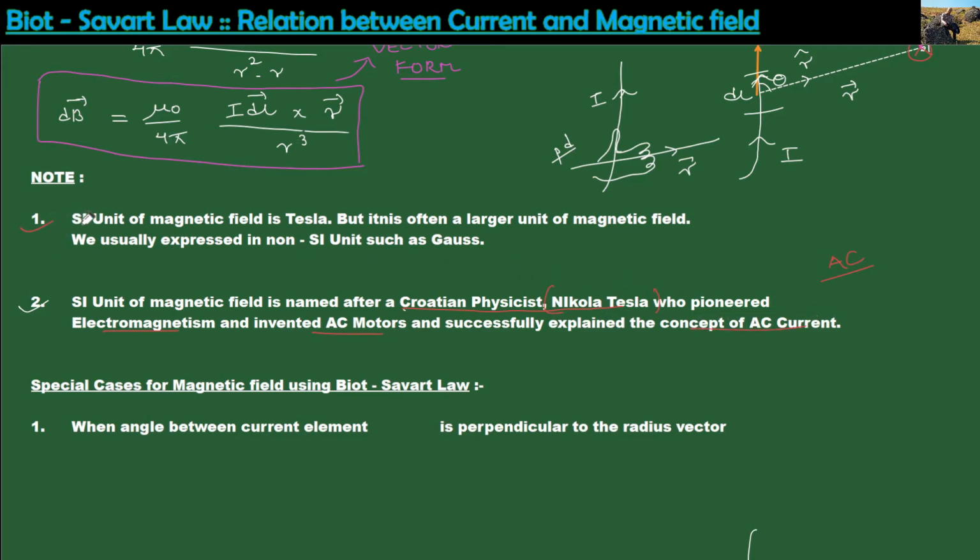So from here, point number 1 needs more attention. The SI unit of magnetic field is the Tesla, denoted by capital T. But for recording values in our day-to-day life or experiments, we use a non-SI unit, because the Tesla is very large.